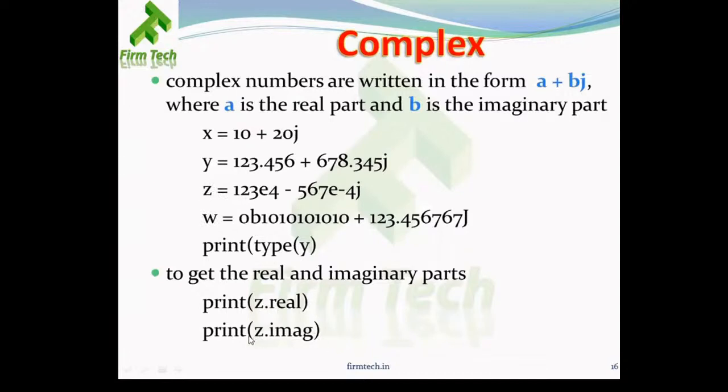As well as to get the imaginary part, we have to write z dot imag. This statement will give the imaginary part of this complex number z. Let us go for the programming.